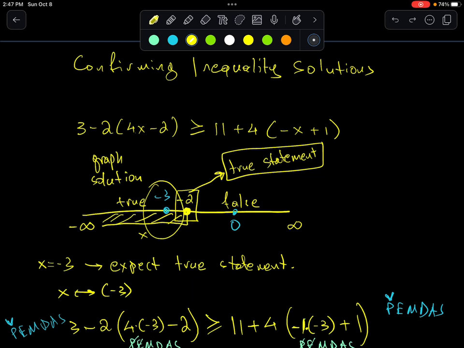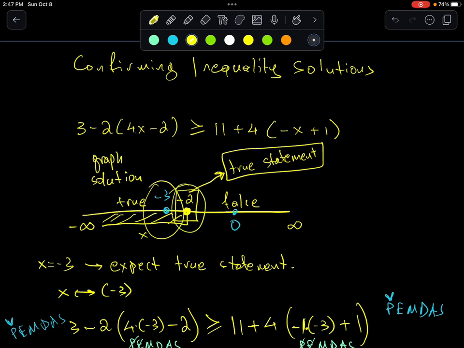Okay, but if you plug in one number from the true area and one number from the false area and you get what you expect, it's all good. If you want to plug in two numbers from the true area, one -3 that's a little farther away from the endpoint and one exactly the endpoint, fine.